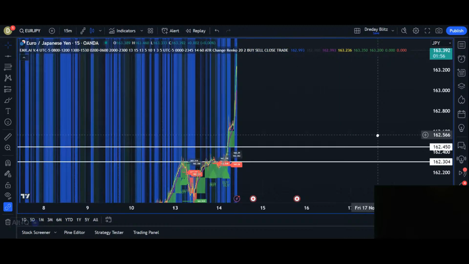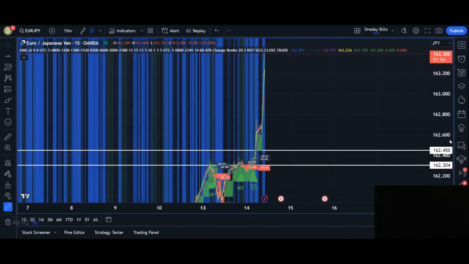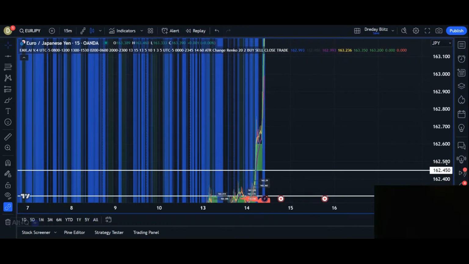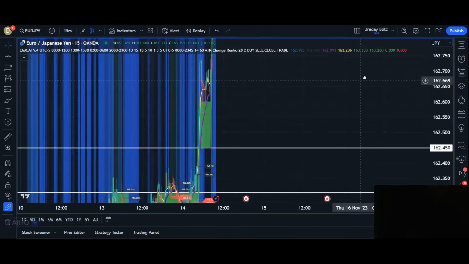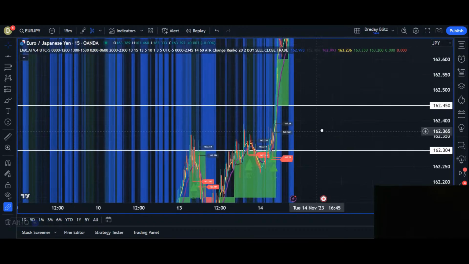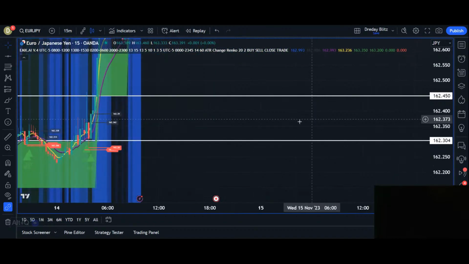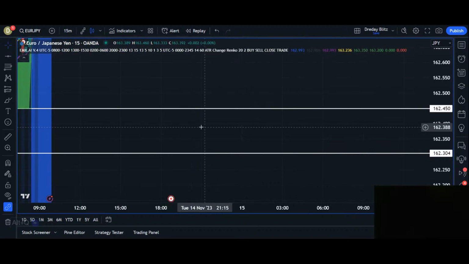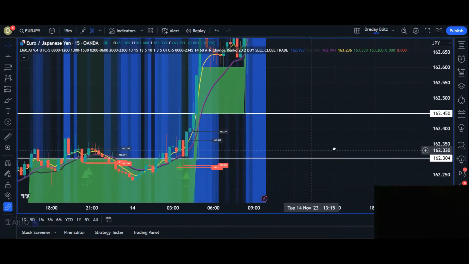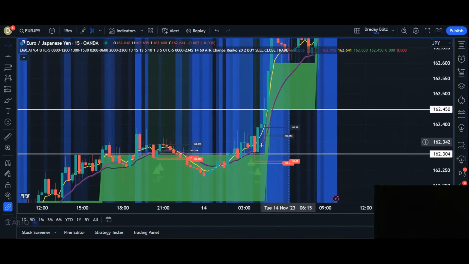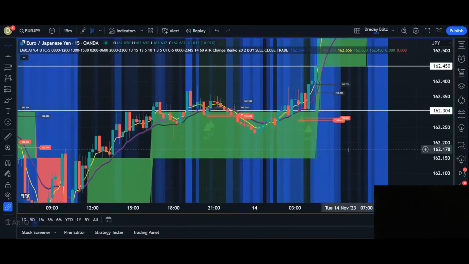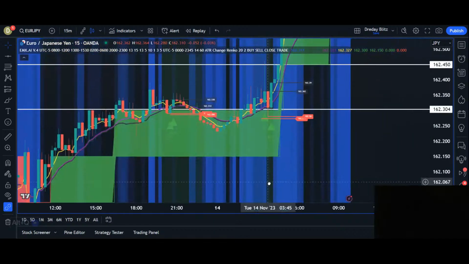The only lines that we're able to plot are those. As long as you don't get a notification of the Renko bar switching colors, you're still keeping your trade going on the upside.